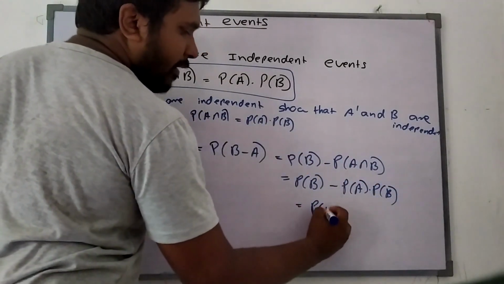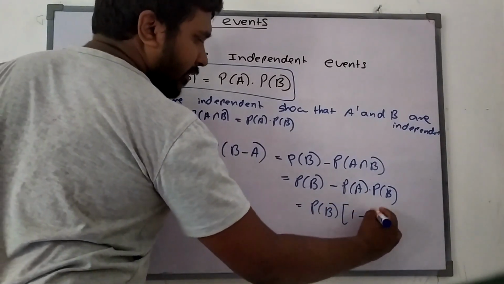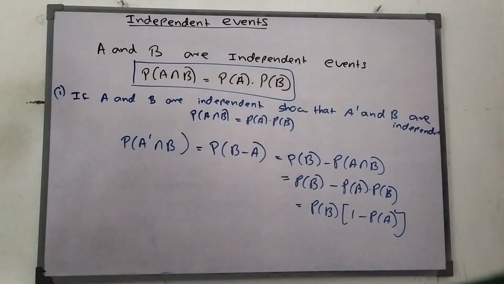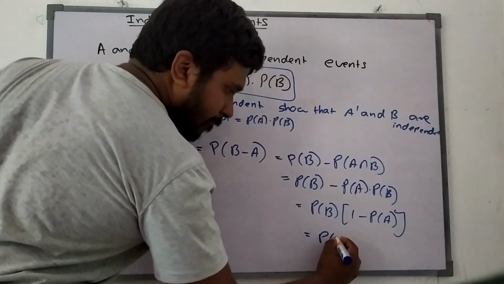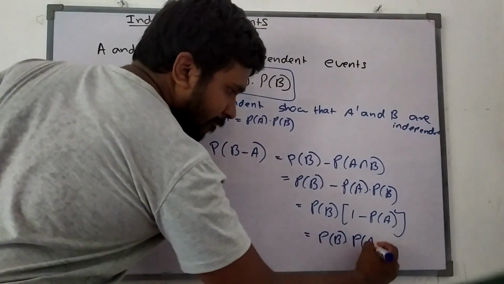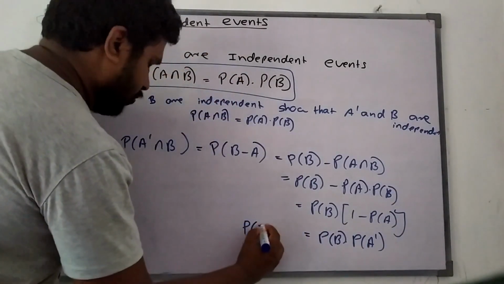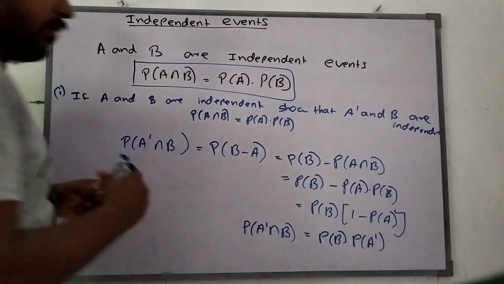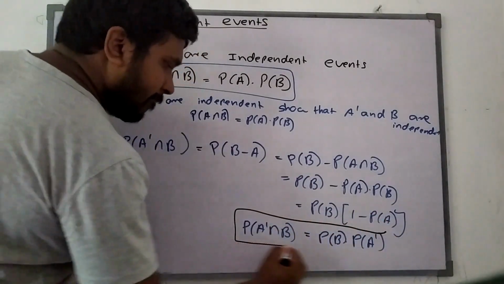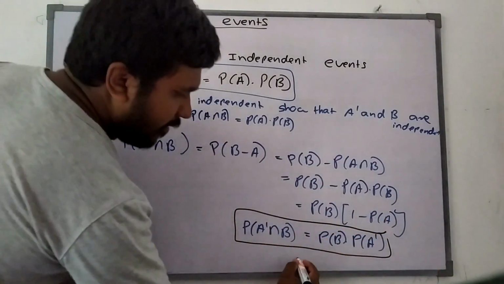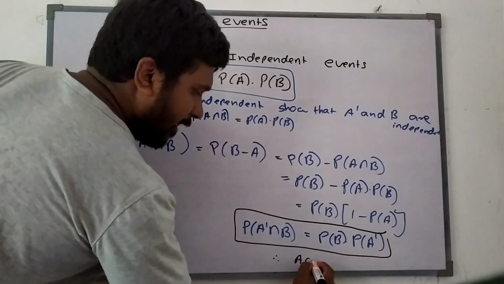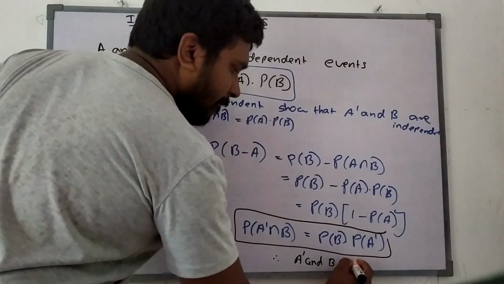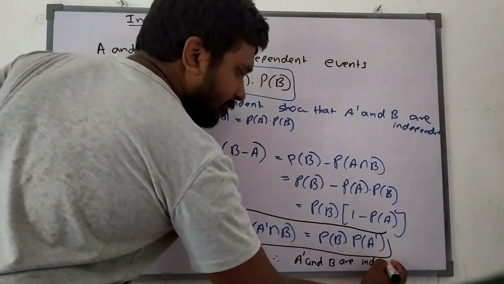So you can pull P(B) out: P(B) times (1 minus P(A)). 1 minus P(A) means P(A dash). So it is P(B) into P(A dash). Therefore, A dash and B are independent.